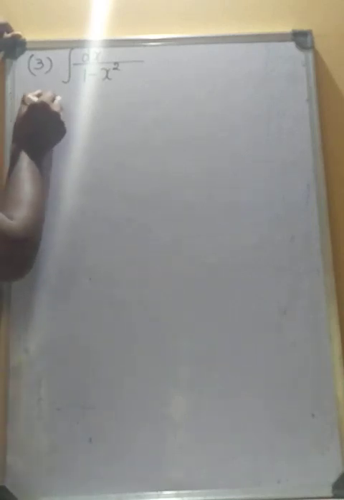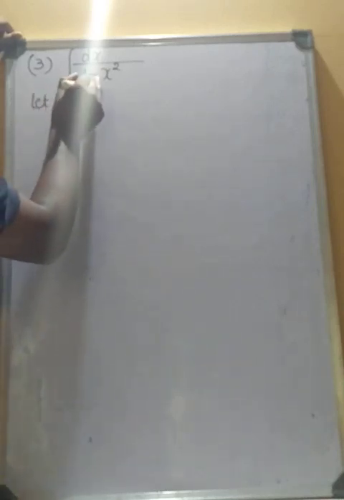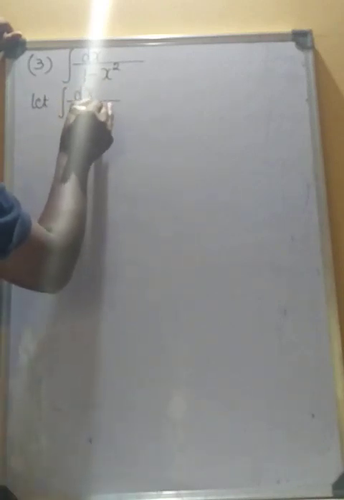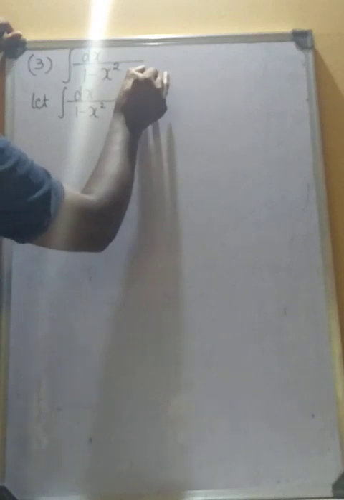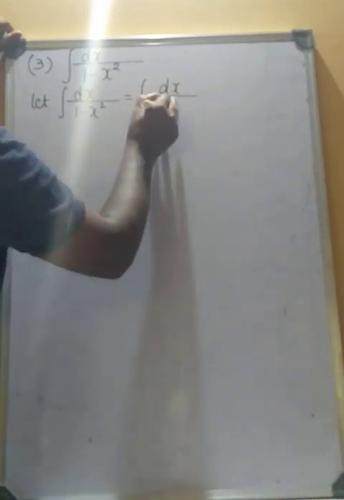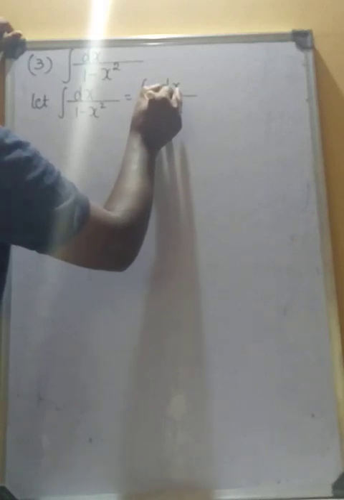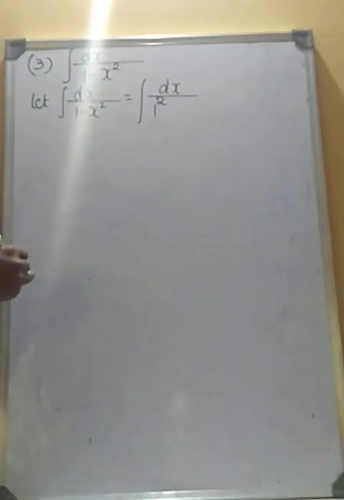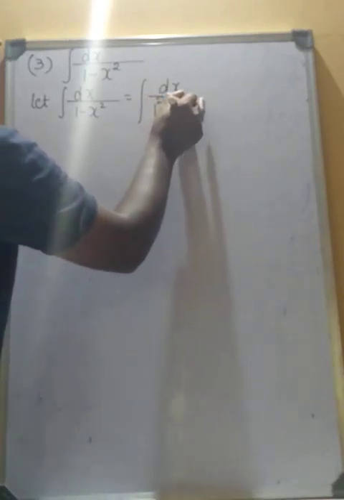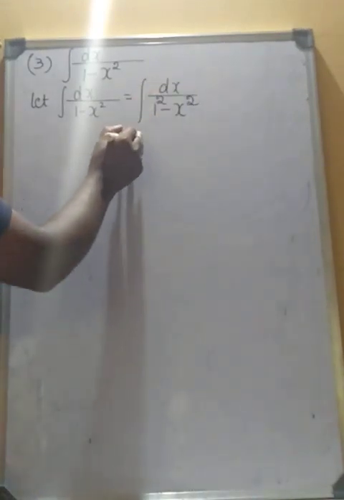So let the integral of dx dividing by 1 minus x square equal the integral of dx dividing by 1 square minus x square, since 1 can be written as 1 square, which is of the form a square minus x square.